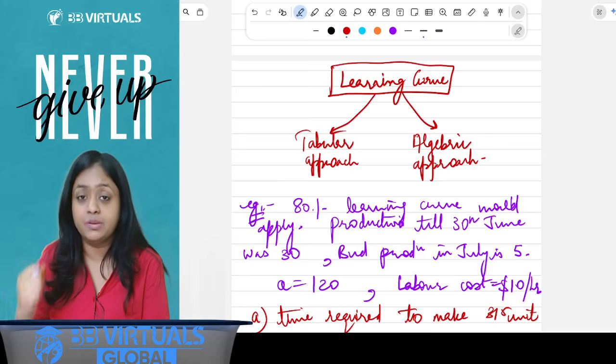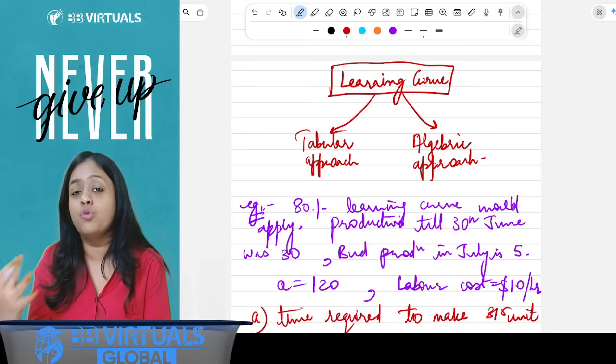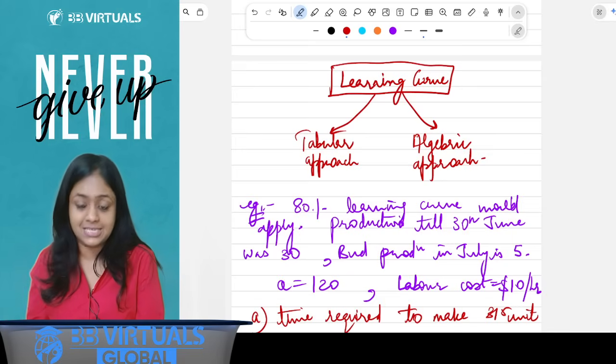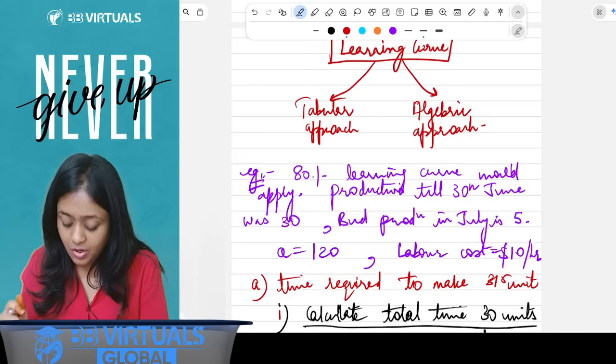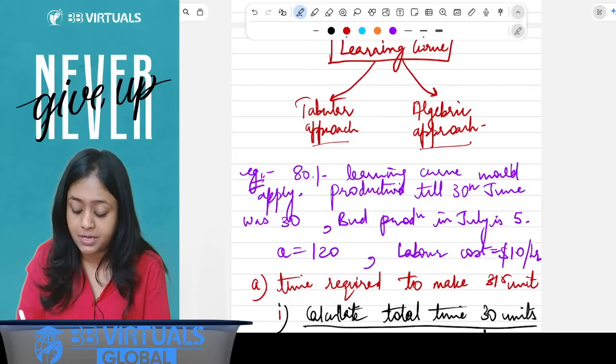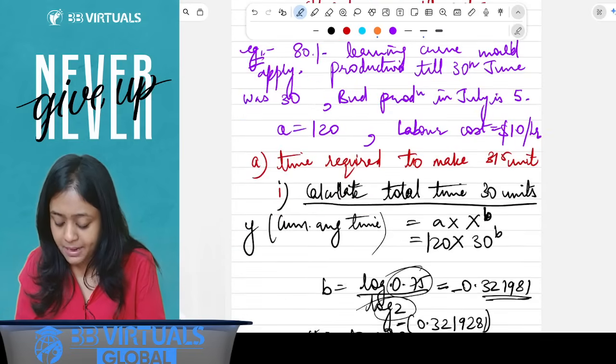Cumulative average time will be reduced because now he's becoming more efficient, more accurate, more quicker. So he's able to do the same work now with less time. Okay, so here we follow two models, a tabular approach and algebraic approach. When I say tabular approach, it simply says that we prepare the table.